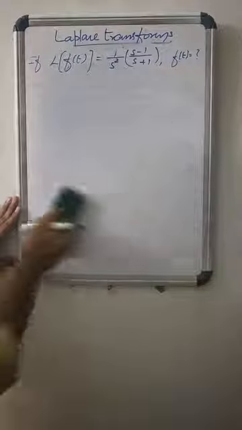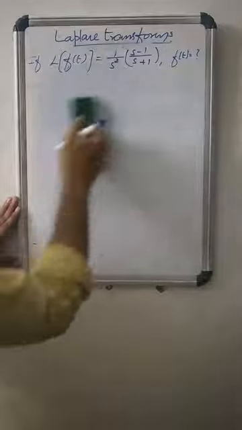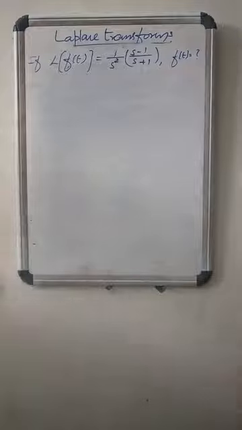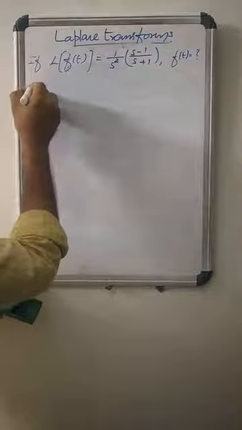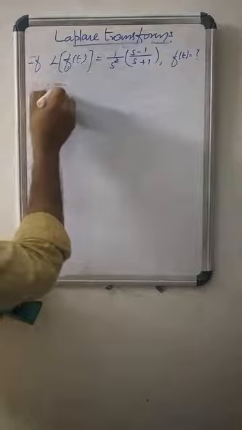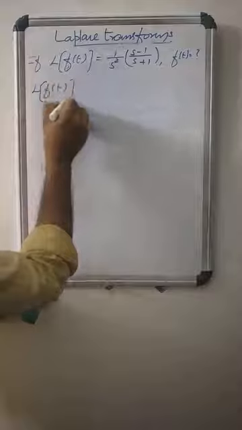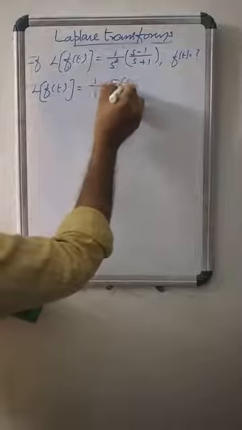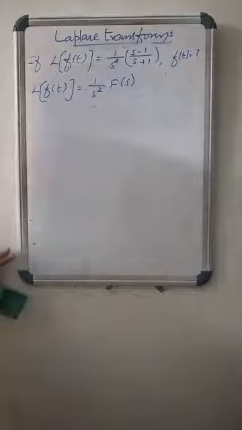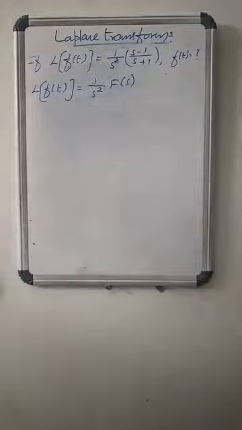So, if L{f(t)} is 1 by s square into s minus 1 by s plus 1, then find f(t). So, L{f(t)} equals 1 by s square into F(s).